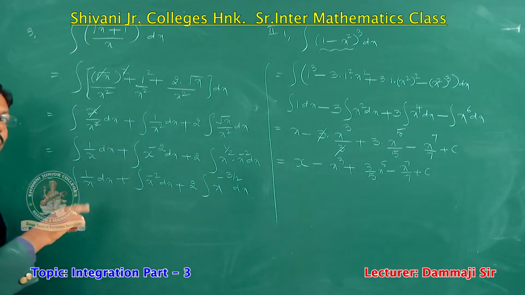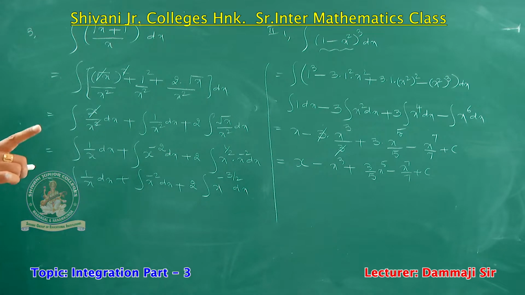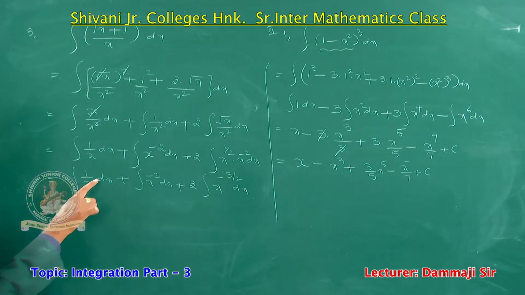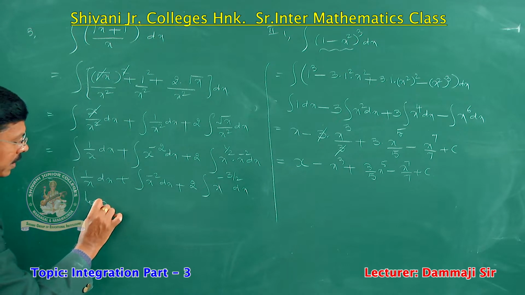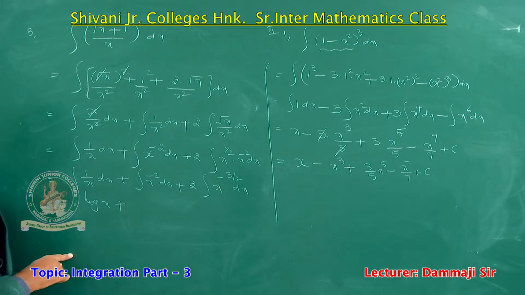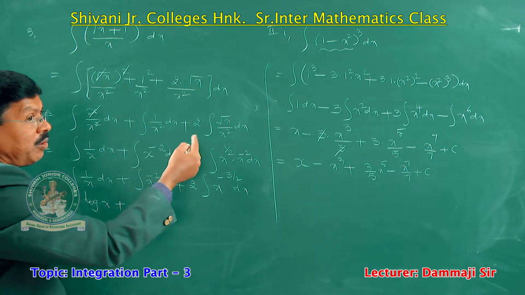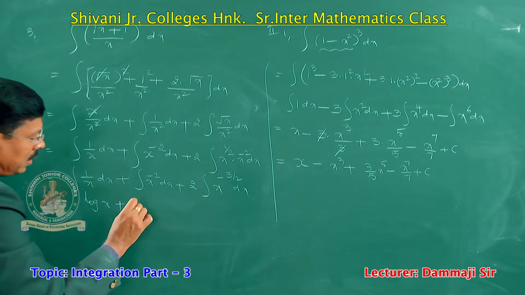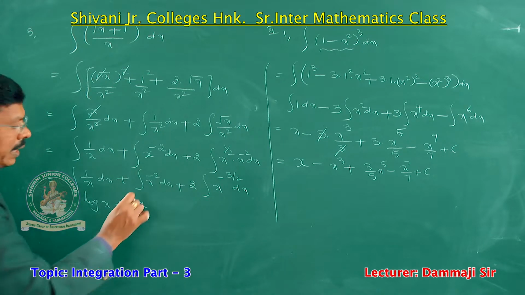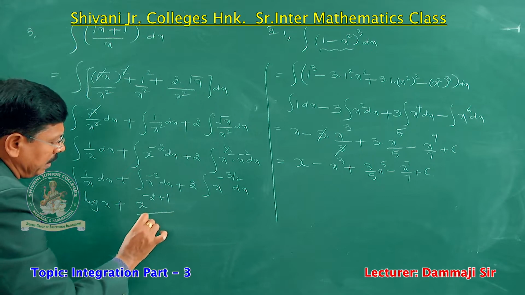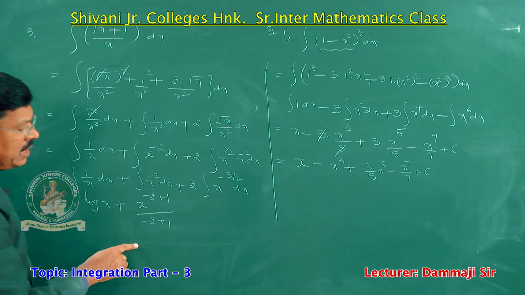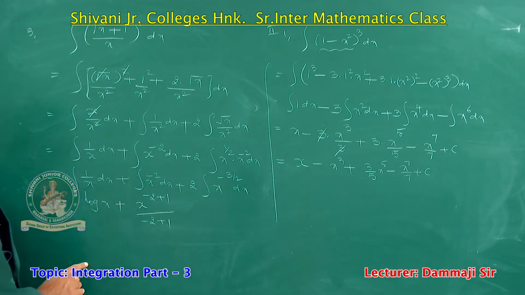Now we can search for the related standard integrations. The first term's result you know very well: log x. For the second term we have the x power n formula, x power n plus 1 by n plus 1, with n equal to minus 2.